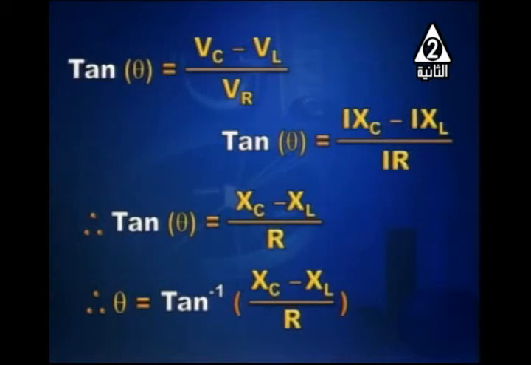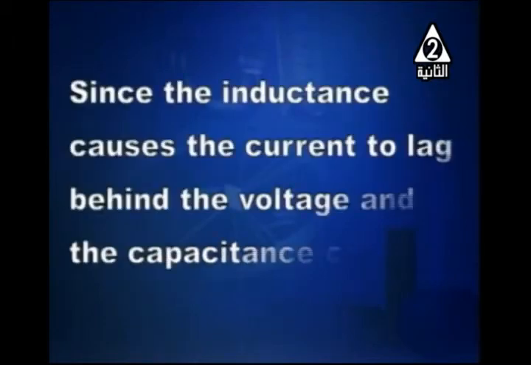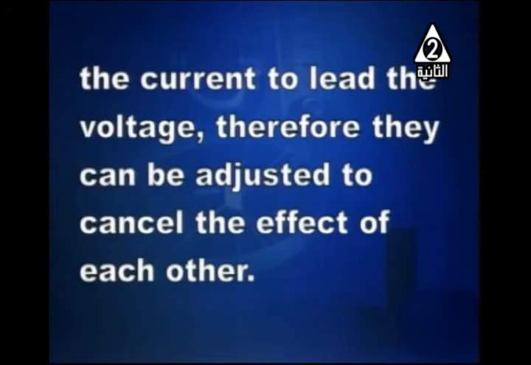And now talking about something very important, it is the resonance state. What about this state? Since the inductance causes the current to lag behind the voltage, and the capacitance causes the current to lead the voltage, they can be adjusted to cancel the effect of each other.